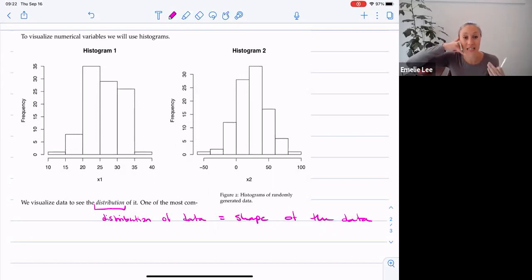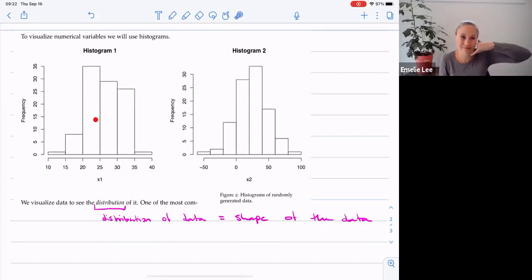First thing you would touch on is the shape. And so we need to have shapes available to us that we can talk about. But then we might also want to talk about the center.